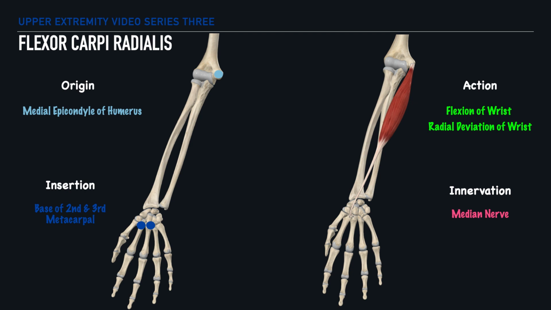We should also consider that the final part of the name is radialis. In other words, the name of this muscle tells us that it permits muscle movement towards the radius, and the action that fits this description best is radial deviation. Last but not least, the muscle is innervated by the median nerve.